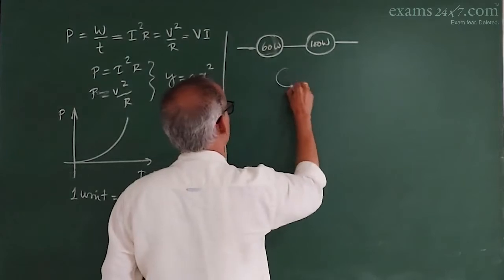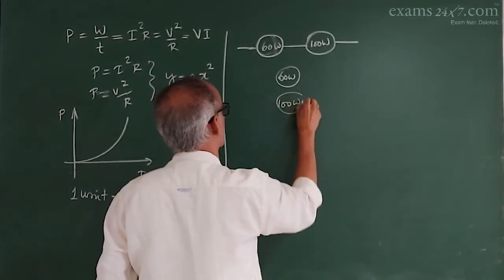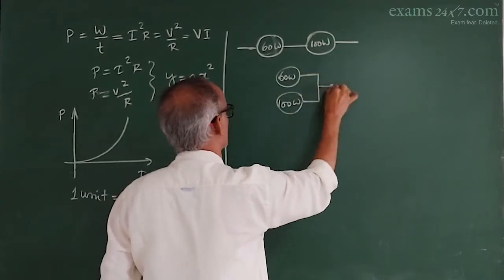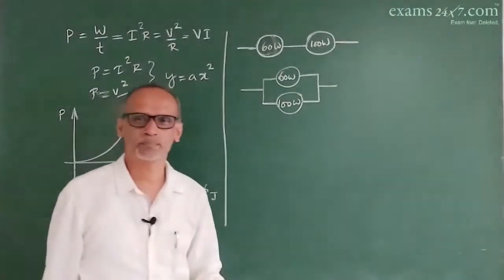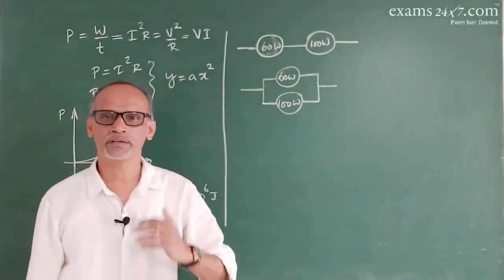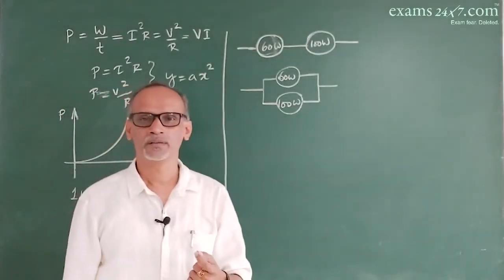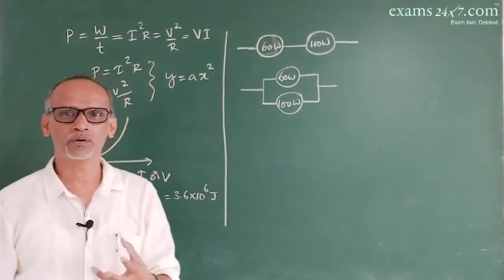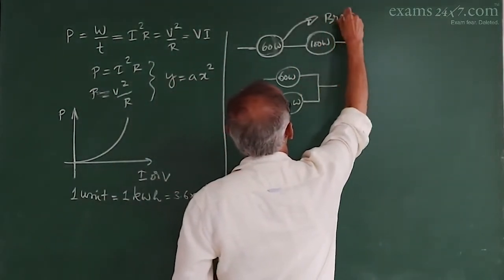In another combination, we connect the 60 watt and the 100 watt bulbs in parallel. Now, when bulbs having different wattage are connected in series, the bulb with the least rating will glow brighter. So therefore, here the 60 watt will glow brighter.